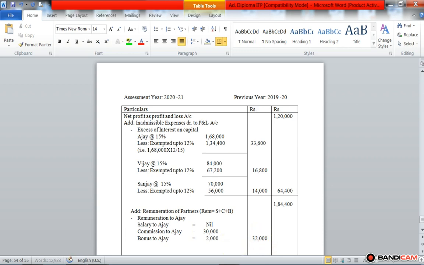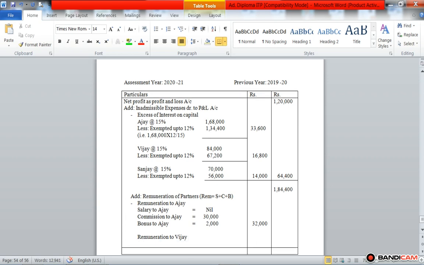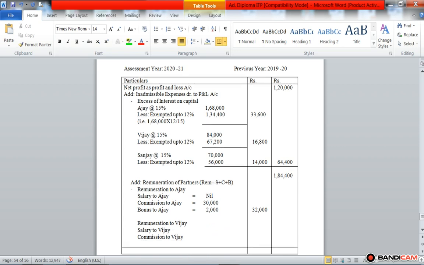Then find out the remuneration to Vijay, which is equal to salary to Vijay plus commission to Vijay plus bonus to Vijay.